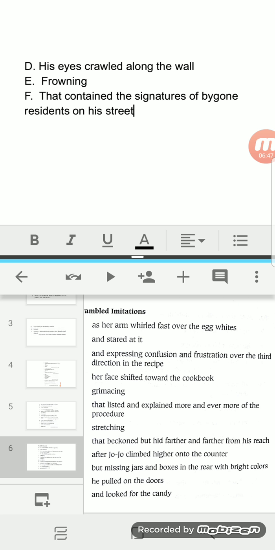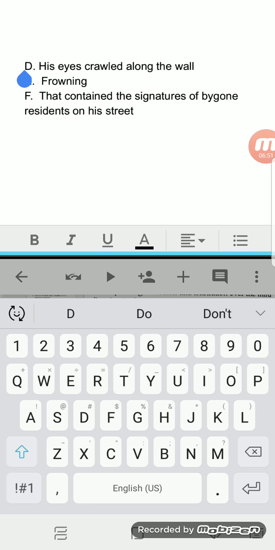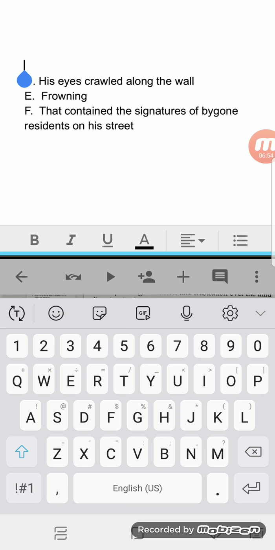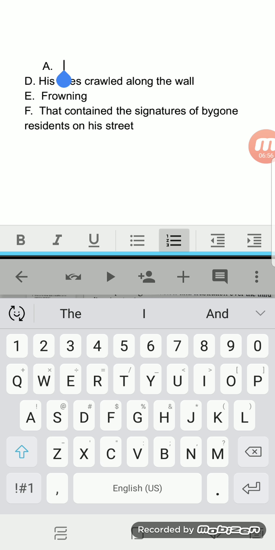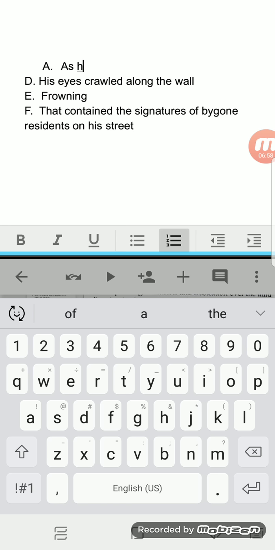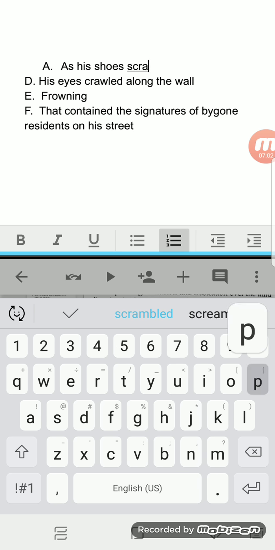All right. See, "as her arm whirled over the egg whites", I'm going to make that, as his shoes scraped along the pavement.